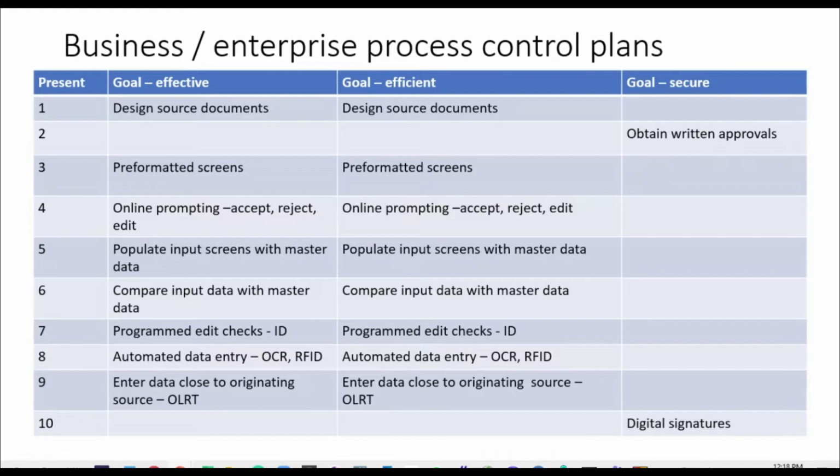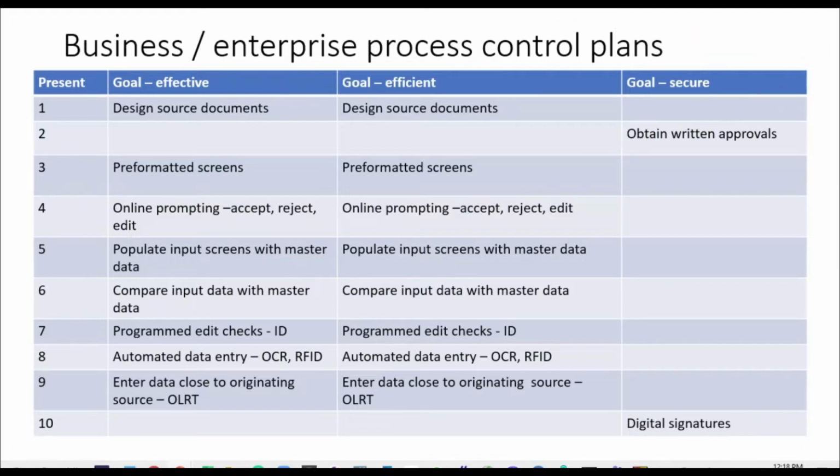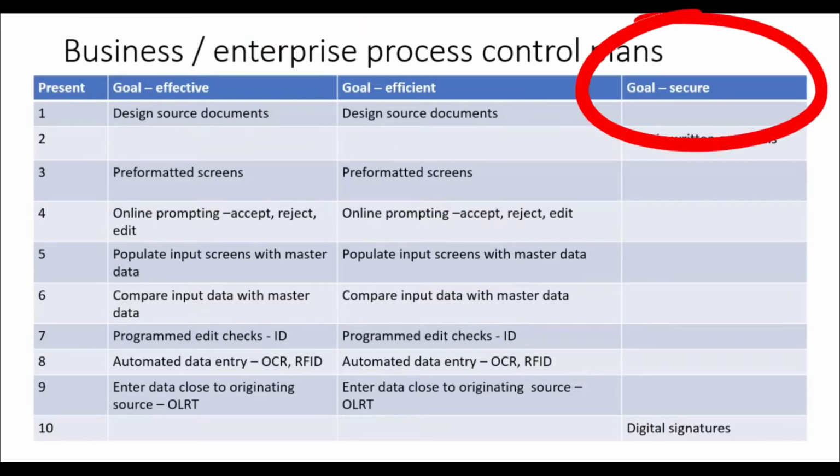If we take, for example, a business or enterprise process, there are control plans, and this control plan must meet with the expected control plans of the enterprise. They meet three goals: to become effective, efficient, and to secure the resources.